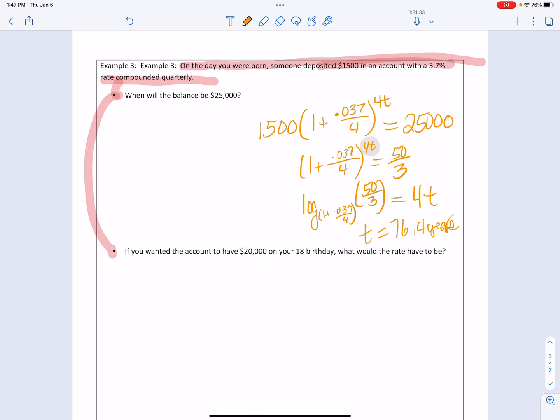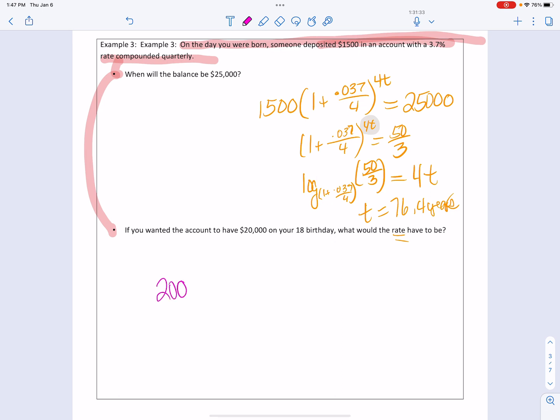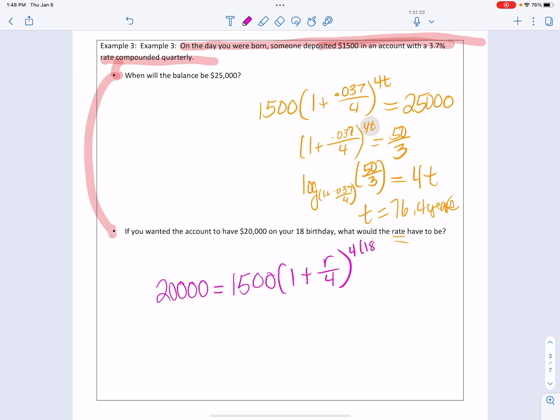Now, on your homework, kids, don't read more into the problem than what's there. So it says if your account wanted to have $20,000 on your 18th birthday, what would the rate be? So now it's the same information, it's the same account, but now I want to get $20,000. So they put in 1,500 times 1 plus r divided by 4, because they didn't change quarterly, to the 4 times 18.